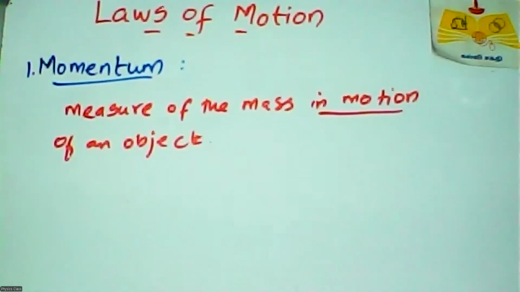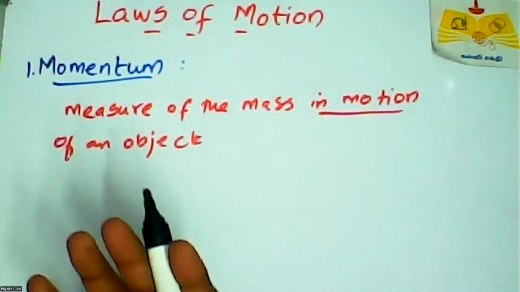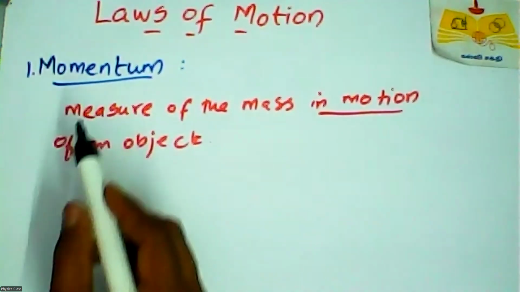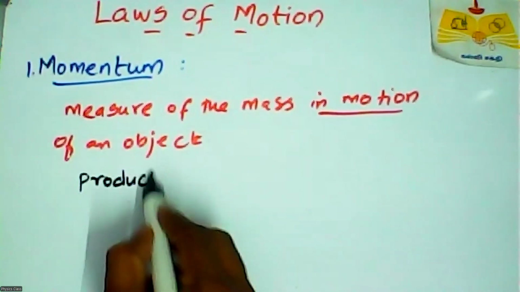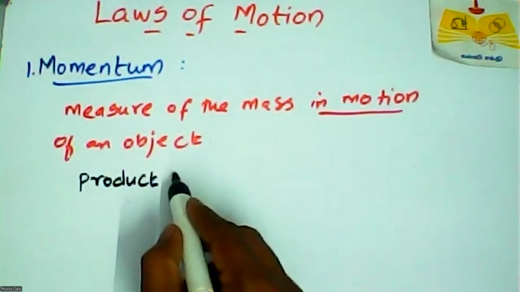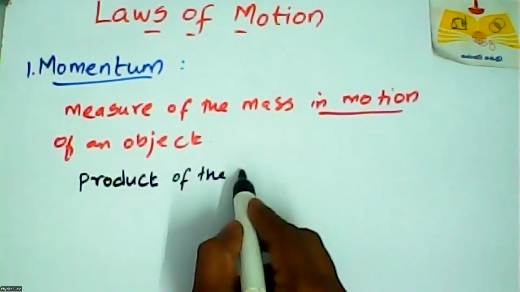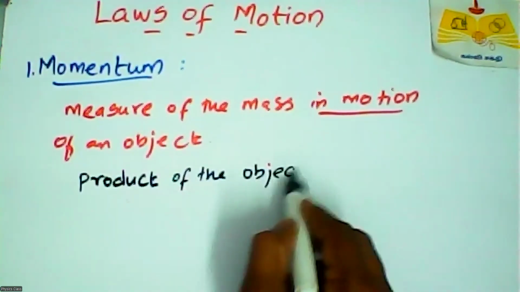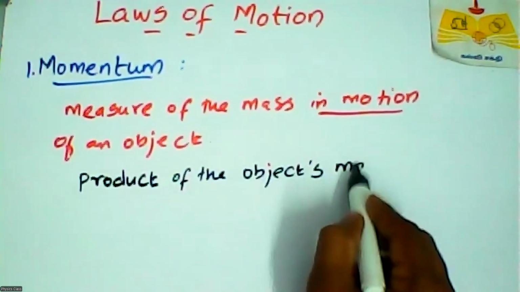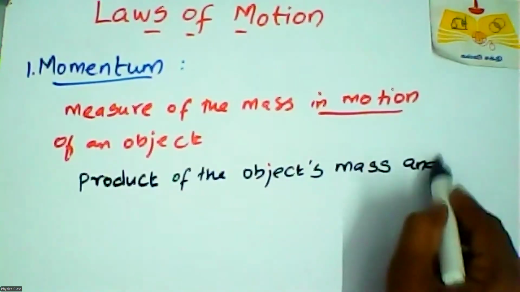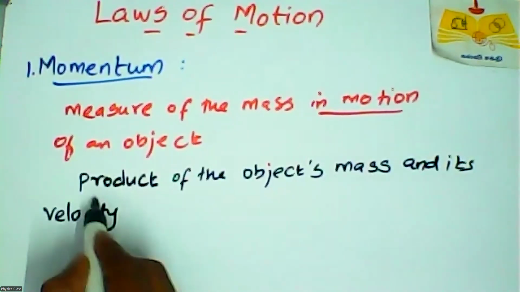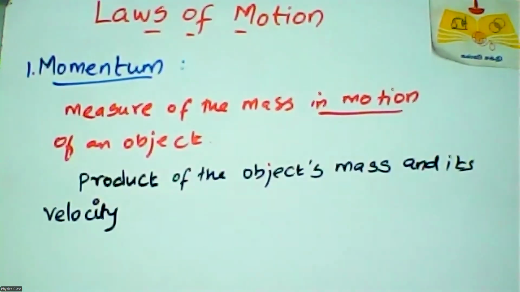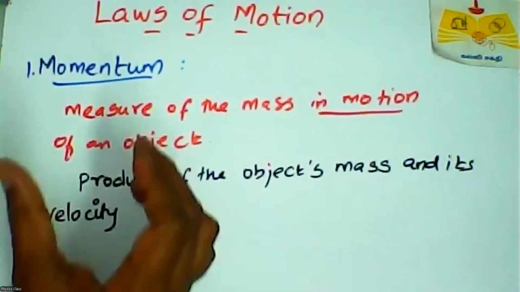So how do we define momentum? Momentum is the product, product means multiplication, of the object's mass and its velocity. This is a simple and very clear definition for the concept of momentum.